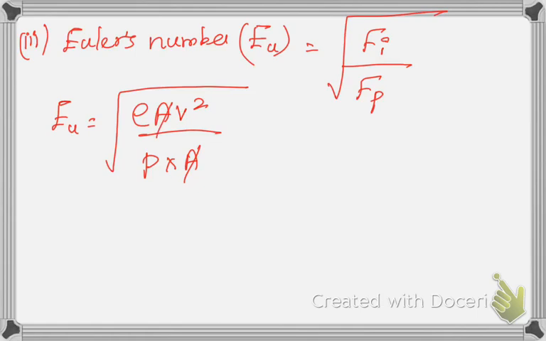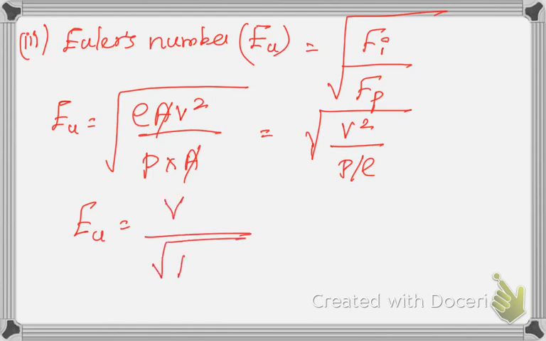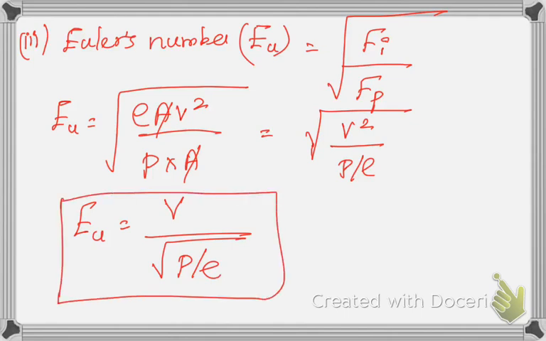I am going to bring this rho to the denominator, which is the root of V squared by P by rho. If I take the square root, it becomes V divided by root of P by rho. This is the formula for our Euler's number.